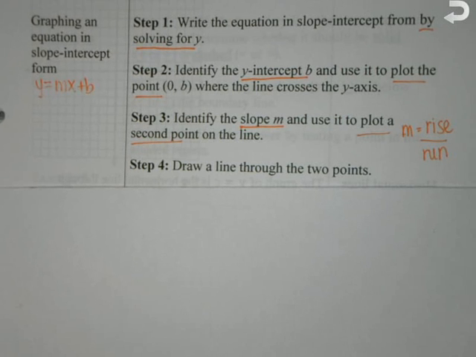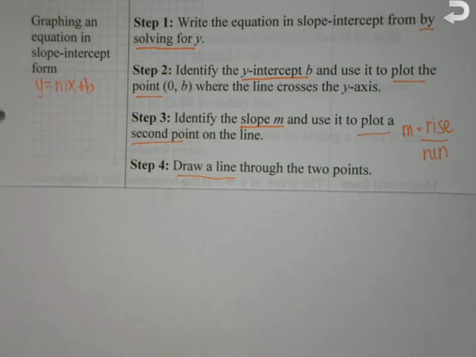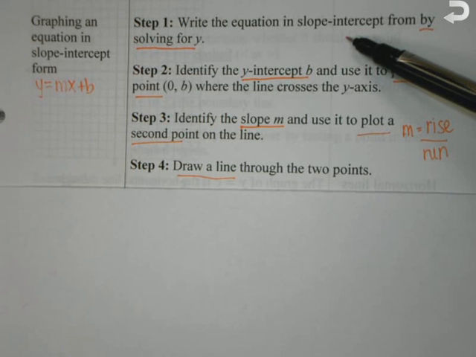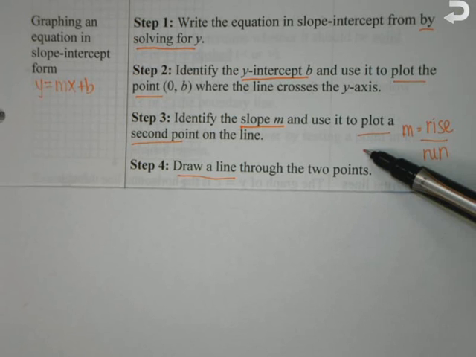And then step 4, draw the line. So these are the important phrases for you. I'll paraphrase once more. Step 1, solve for y, get to y equals mx plus b. Step 2, plot the y-intercept. Step 3, use slope to plot a second point. And then step 4, draw the line.